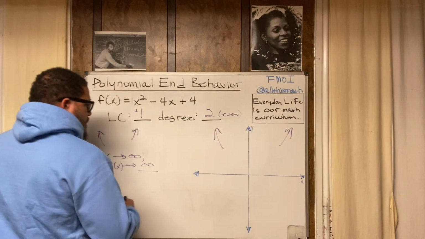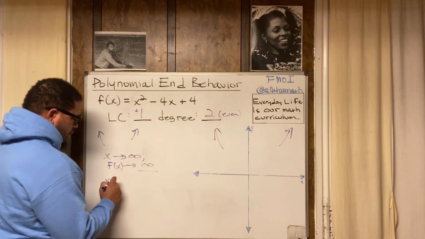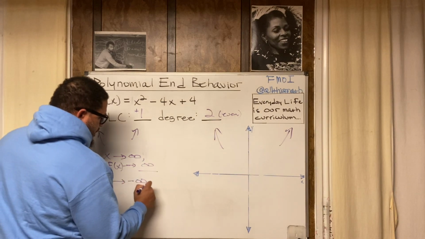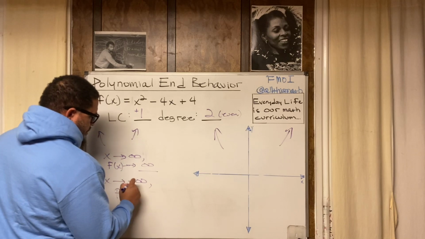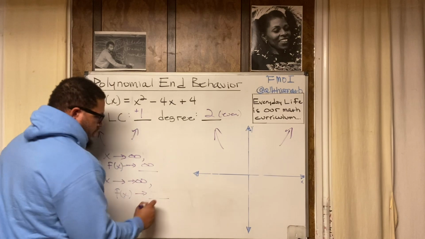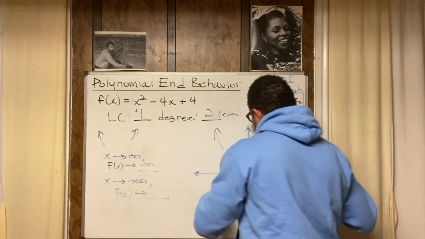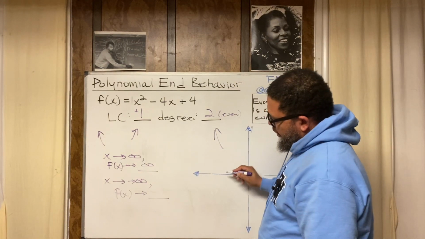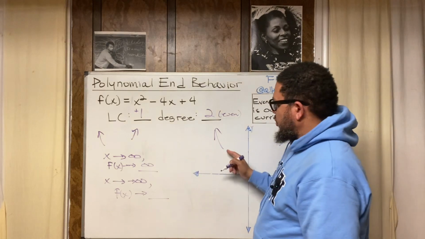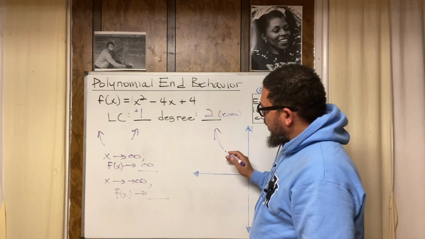Now also, as x approaches negative infinity, what's happening with f of x? Going this way, let's look at it like this. Again, the x-axis on this graph, as x approaches negative infinity, going that way, what's the graph doing? Vertically, it's going up.